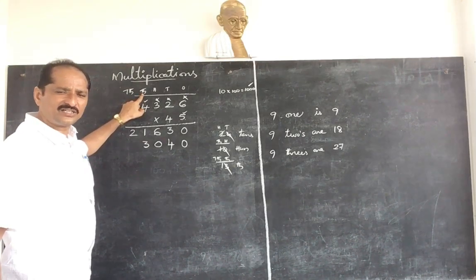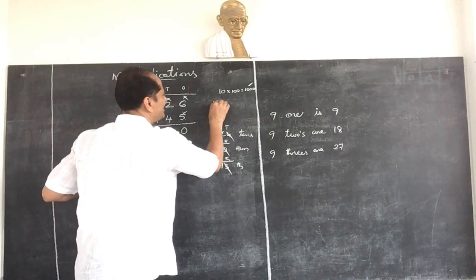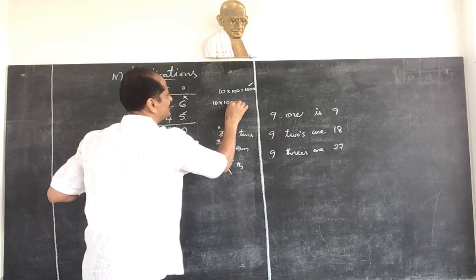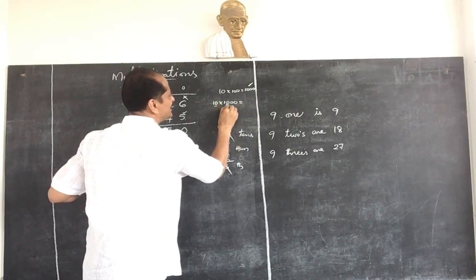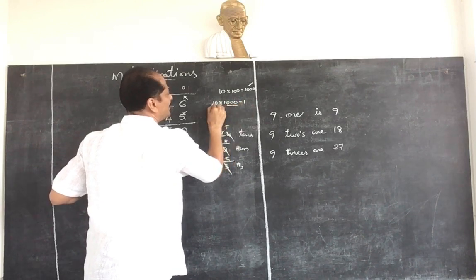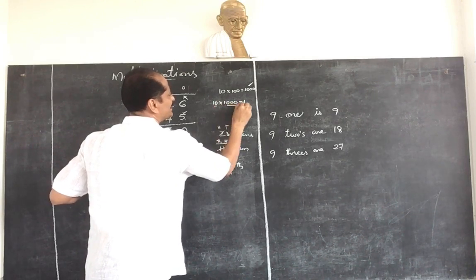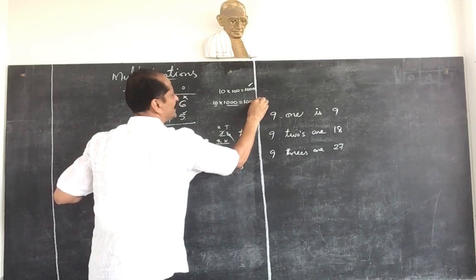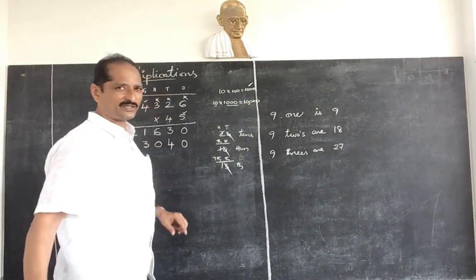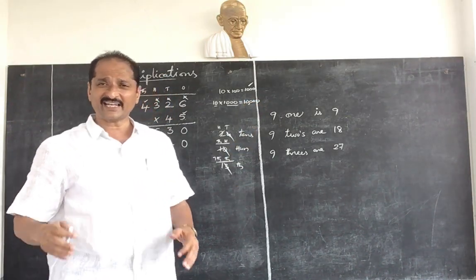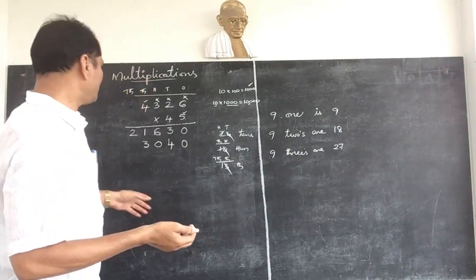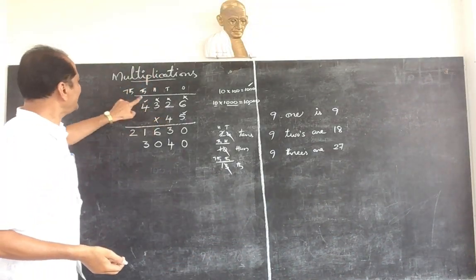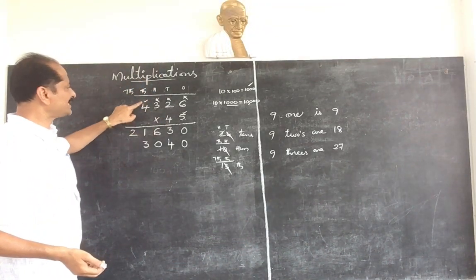Here 1 zero, here 3 zeros, totally 4 zeros. That means 10,000s we are getting now. So 10 into 1000 gives 10,000.